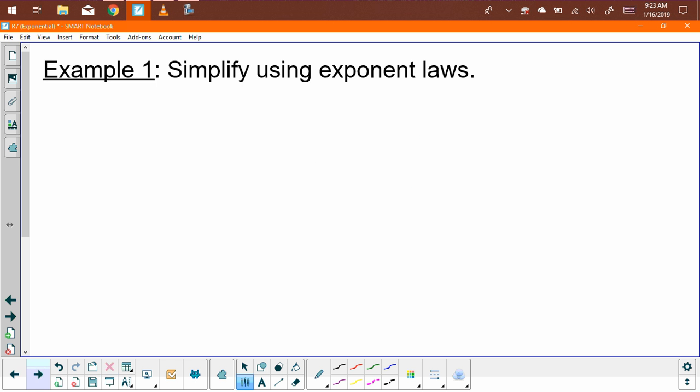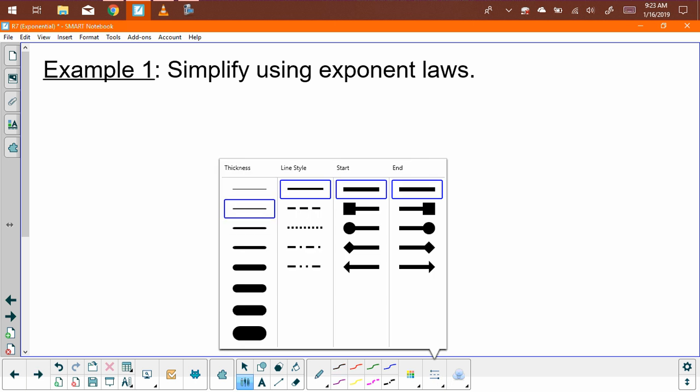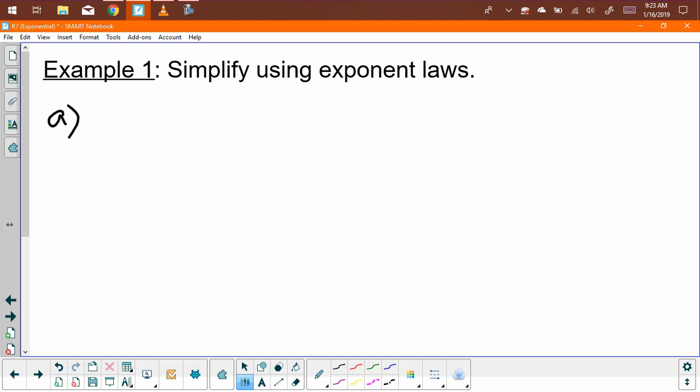So for example 1, we're going to review the exponent laws. Okay, so we'll just do a few of these here. So for example, if I had 7 to the power 8 times 7 to the power of 4. Okay, so if I have the same base and I'm multiplying my powers, then you have to add the exponents.